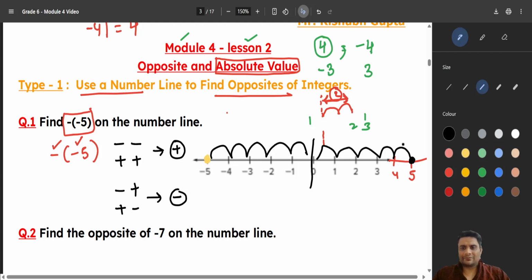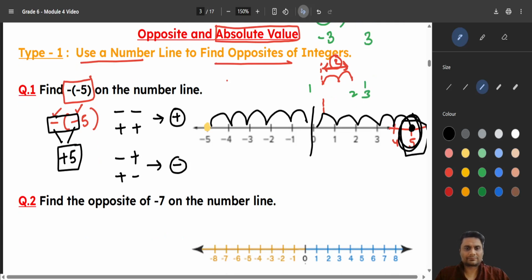So as we know, the answer here was positive 5. We can get it directly here. Check the two signs, are they same or different? They are same, and same sign means positive. So this will become positive 5, and directly on the number line I can put positive 5.